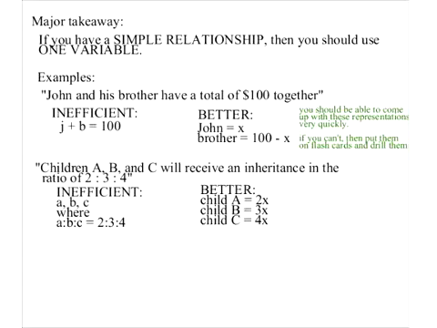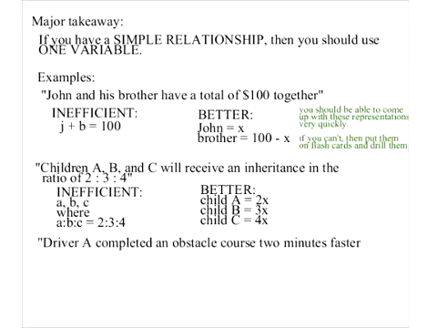Couple more examples. Let's say driver A completed an obstacle course 2 minutes faster than did driver B. So the better way to do this would be to let driver A be X amount of time.